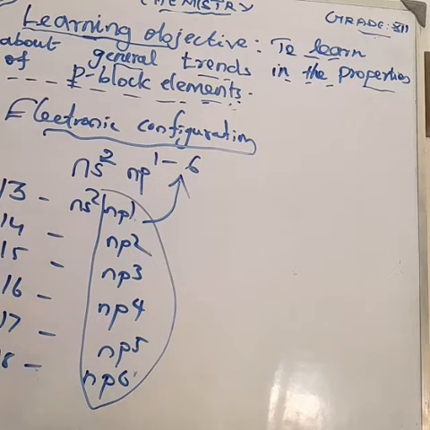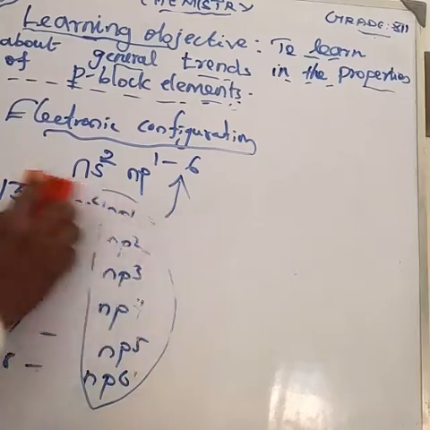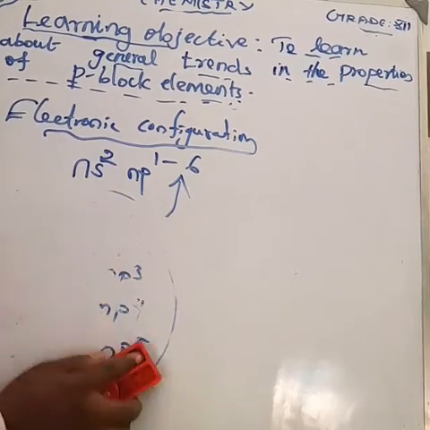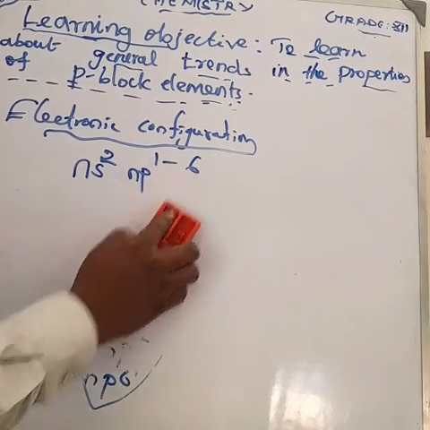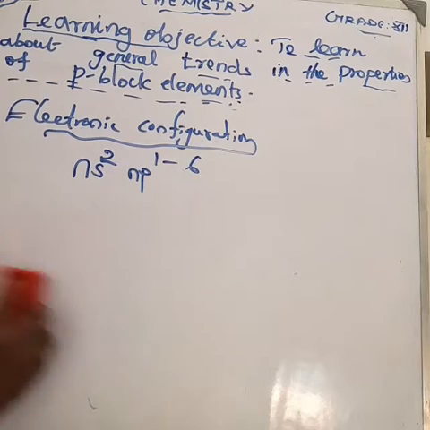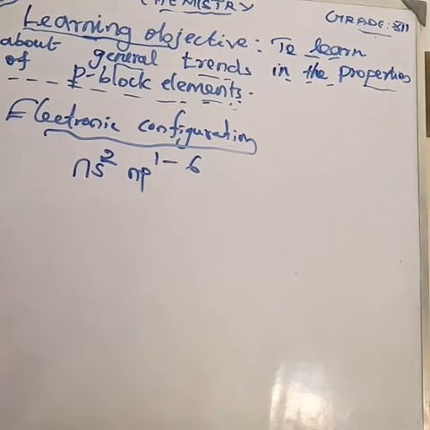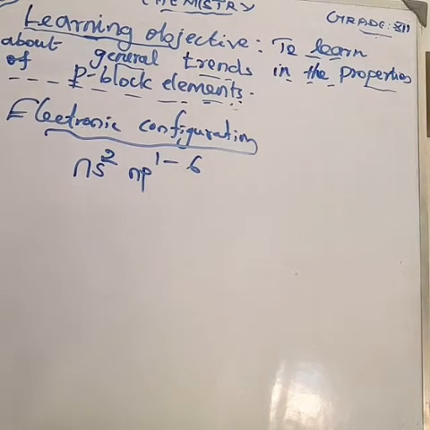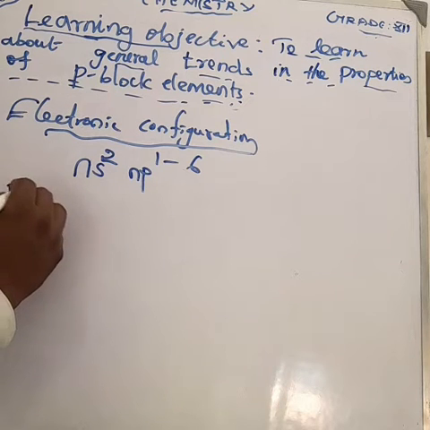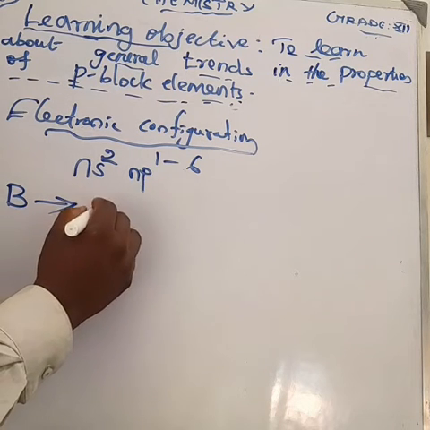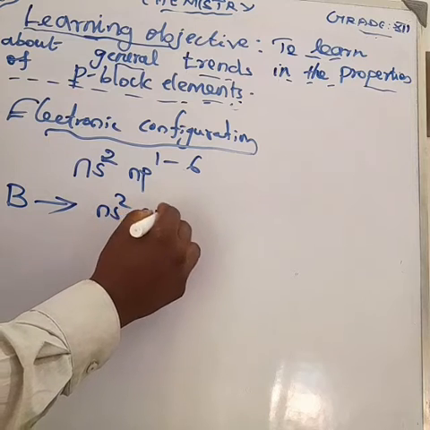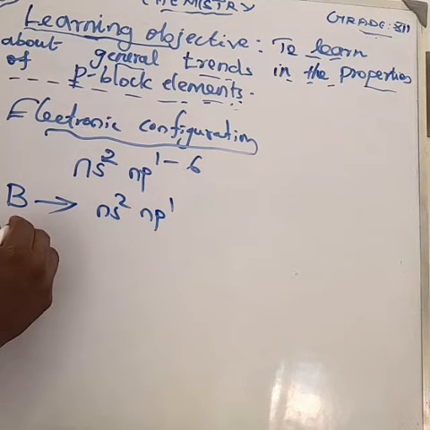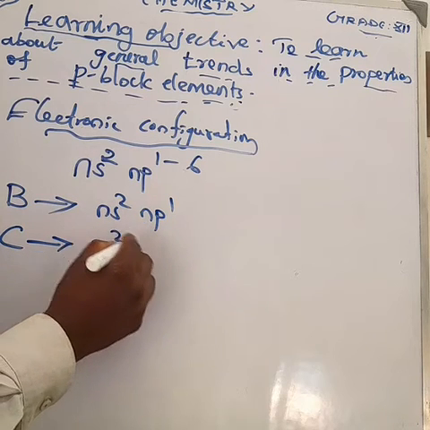So the general electronic configuration of P block elements is ns2 np1 to 6. Here we have to write it for each group, am I right? What is the general electronic configuration for the boron family? ns2 np1. For the carbon family, what is the electronic configuration?